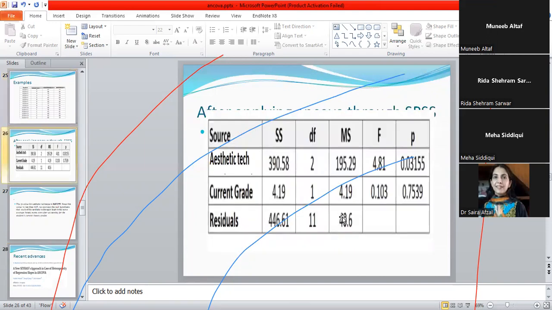After applying ANCOVA in SPSS, we saw that the aesthetic technique usage has a p-value of 0.03155, and the current grade of beauty was 0.73, which was nullified by the ANCOVA test.